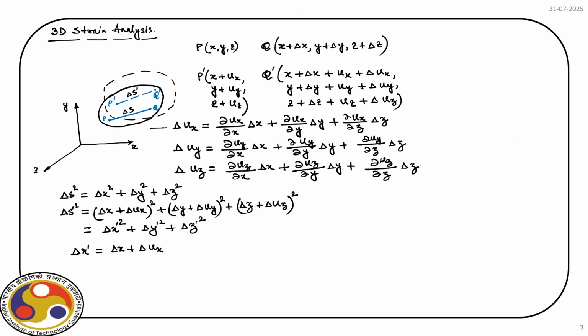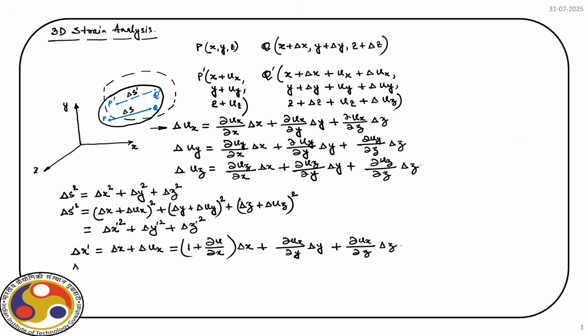If we put this expression of delta ux, we get 1 plus ux differentiated with respect to x times delta x, plus ux differentiated with respect to y times delta y, then the last term ux differentiated with respect to z times delta z.